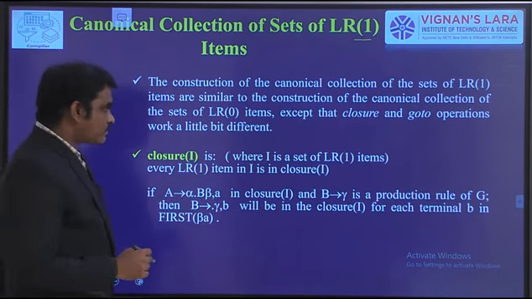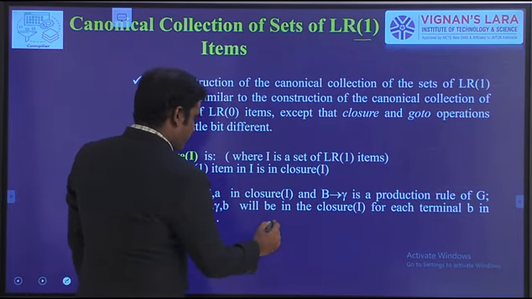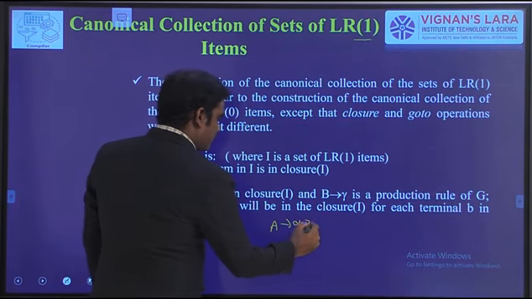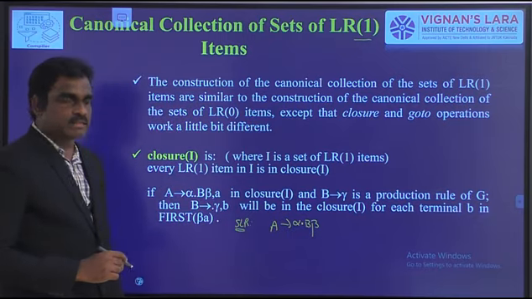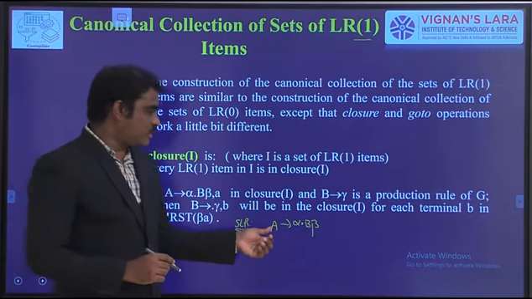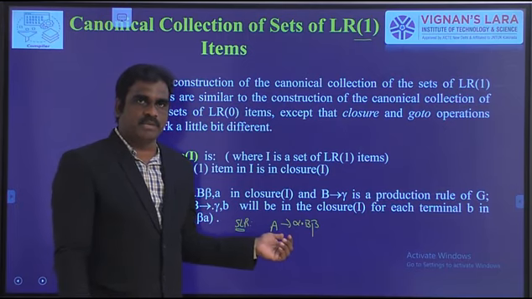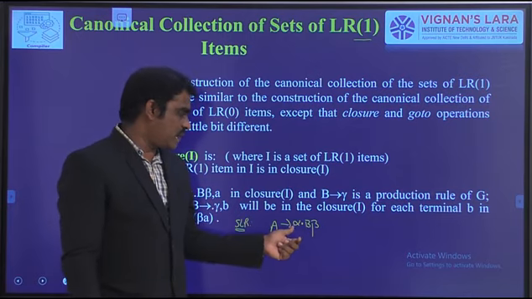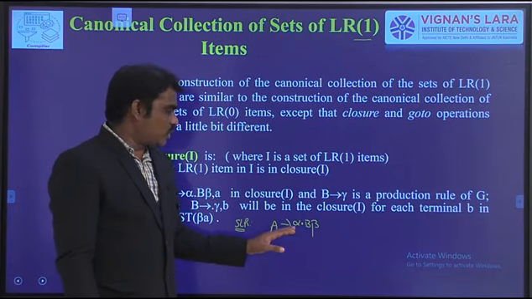Suppose this is the production A to alpha dot B beta. Take SLR: suppose after performing the goto operation, the production is A to alpha dot B beta. It is a goto result.